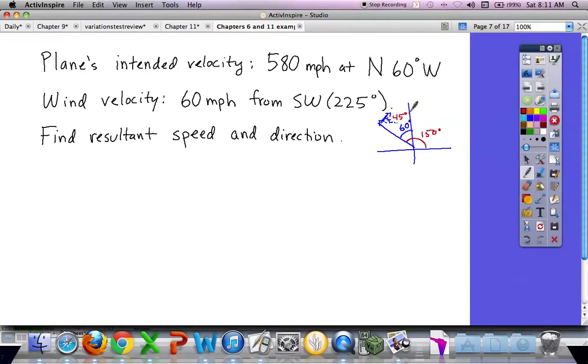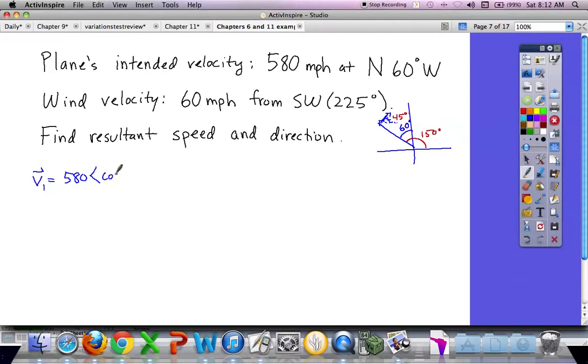Okay, so let me call these V1 and V2 as vectors. V1 can be the speed of the plane. V1, change back to blue. V1 has a magnitude of 580, and we know that it's flying in the direction of 150 degrees.